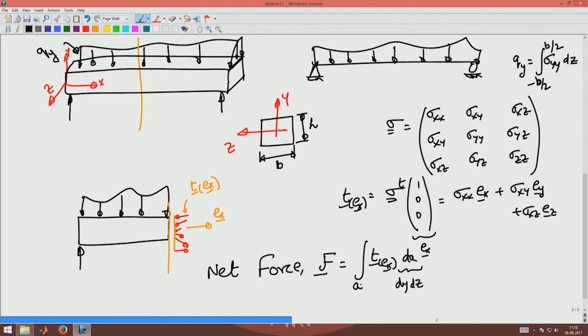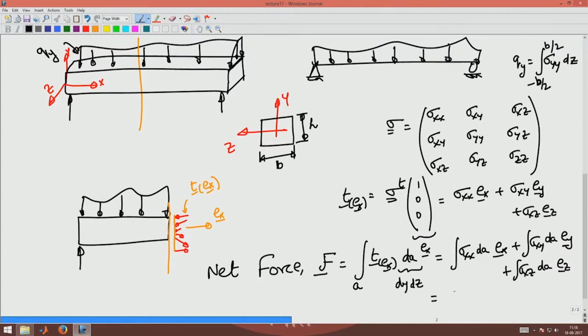This is the area integral. I have to integrate this over dy and dz, then I will get this as integral sigma xx dA Ex plus sigma xy dA Ey plus sigma xz dA Ez.